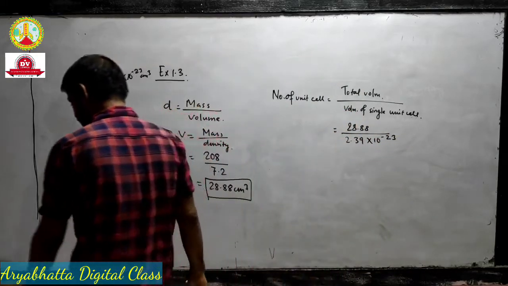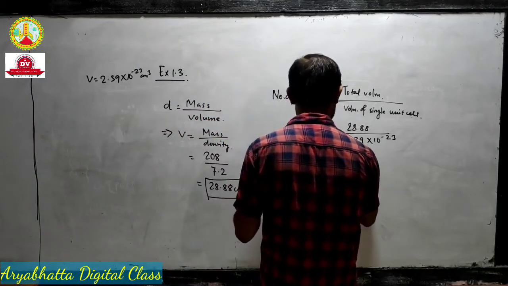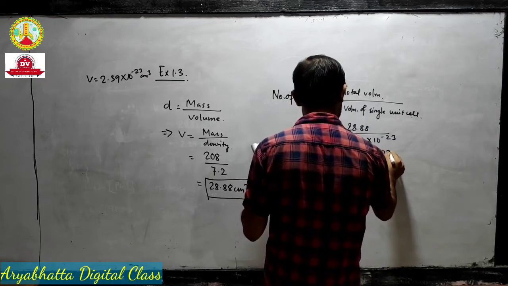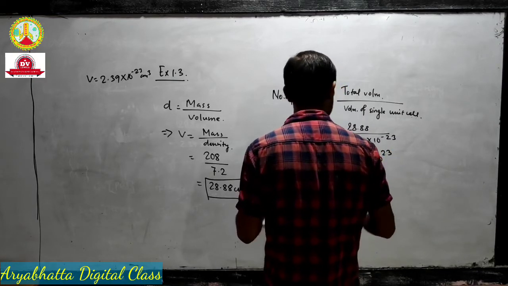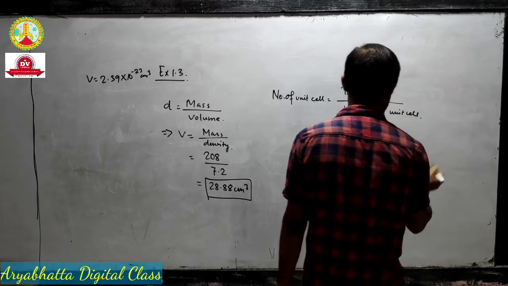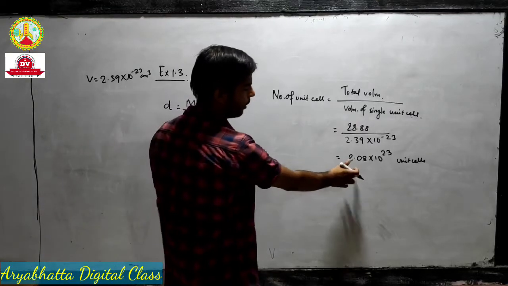Okay, and it will give us 2.08 into 10 to the power 23 unit cells. That means this is the number of unit cells that we will have.